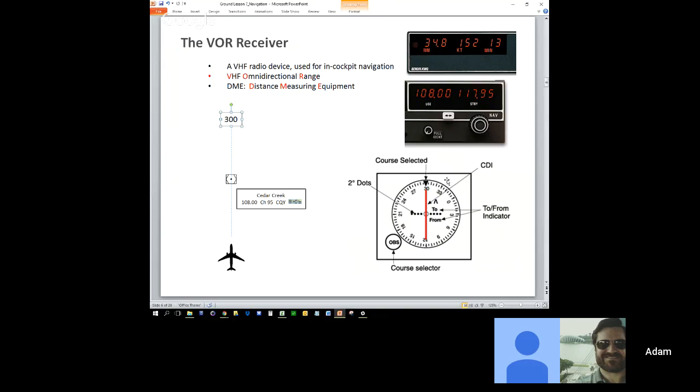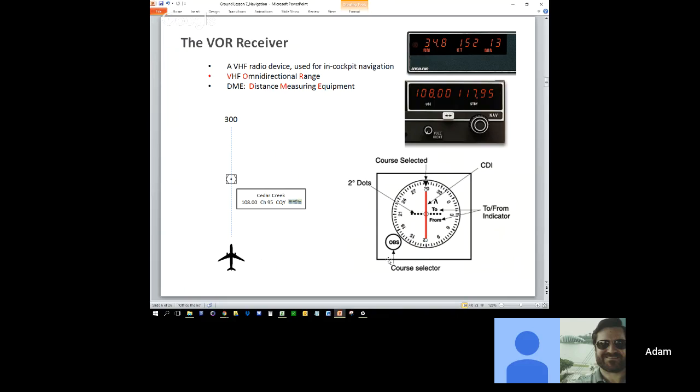So, here's my VOR gauge right here, bottom right-hand screen. You can see it looks very similar to the heading gauge. You've got what's called a CDI, which is this thing I've colored red. That's a course deviation indicator. We've also got on the gauge a to-from indicator, and I'll talk a little about how that works in just a second.